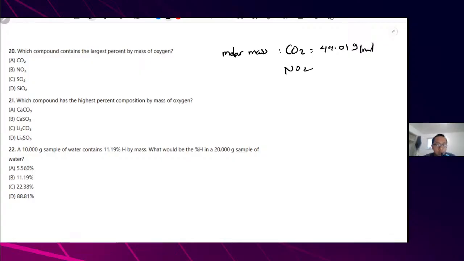For NO2 it is 46.01 grams per mole. For SO2, we can get this answer by looking at the periodic table.